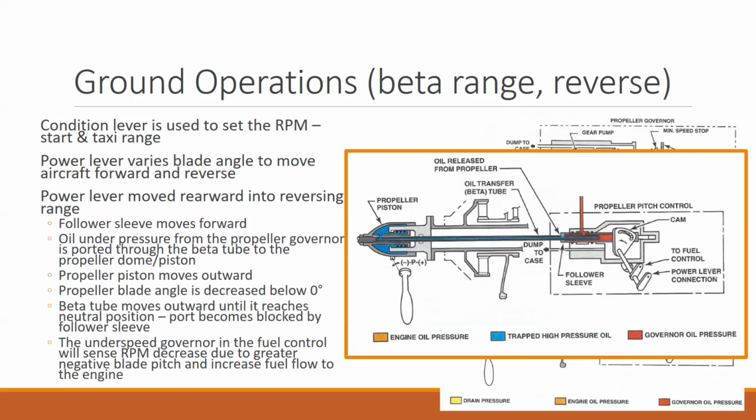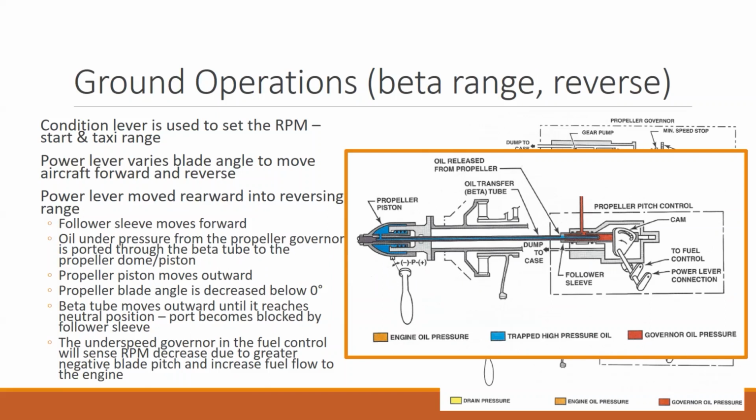The underspeed governor, the fuel control governor, is going to see that RPM drop. It's going to go to an underspeed condition. And so it's going to start sending additional fuel to the core of the engine to bring that RPM back up to that idle RPM.